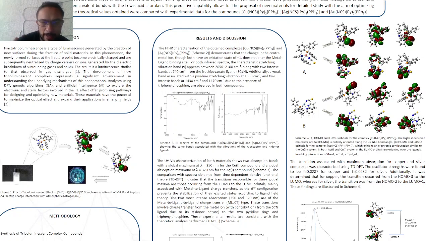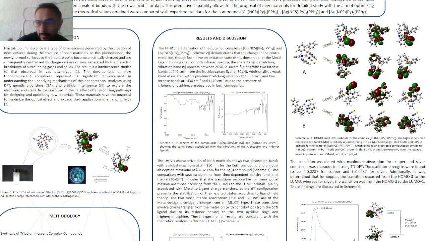And in both complexes the isothiocyanate has the HOMO orbitals, and we can conclude that if we apply a force to this complex, the bond that is going to break is the bond with the isothiocyanate, because it has the HOMO orbitals, so it is easier to lose electrons.